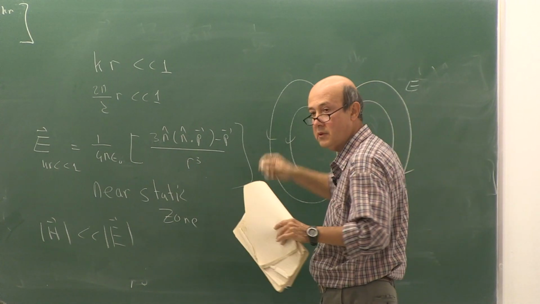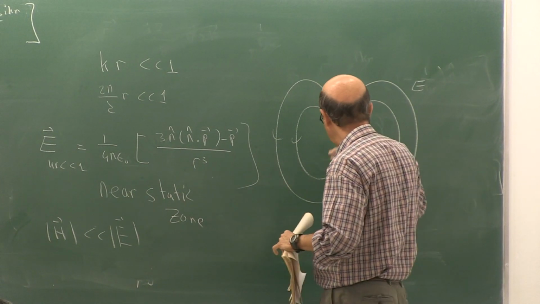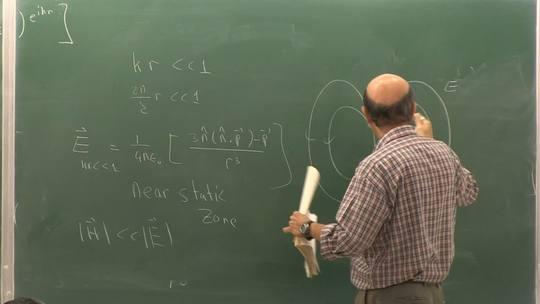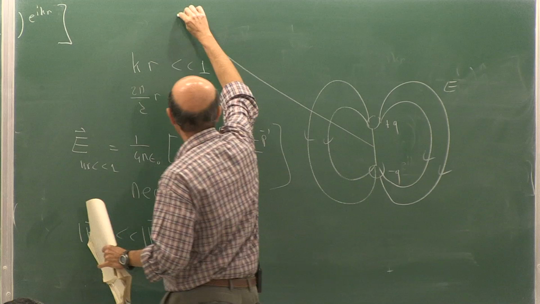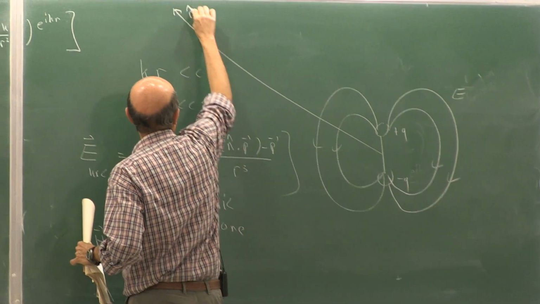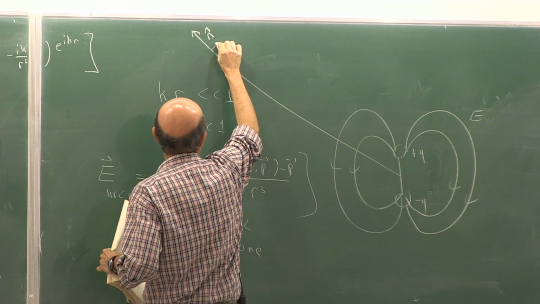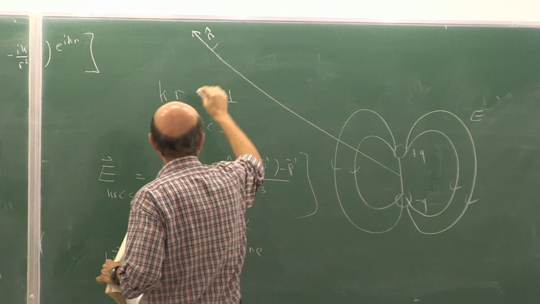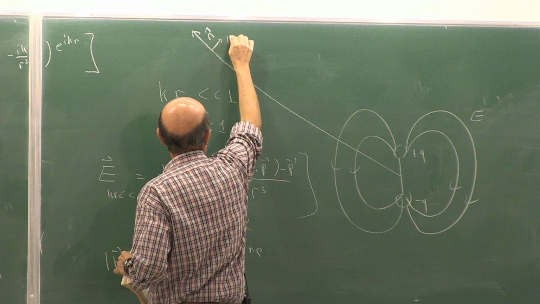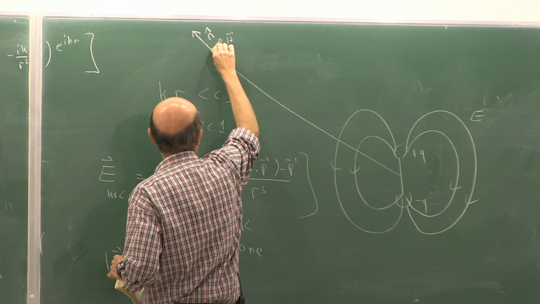Even if the dipole is oscillating, even if you have electric dipole radiation, you have only electric field lines. But if you go to far distances, then you have n hat, and you have H cross n. H is transverse, n cross H is something like this.